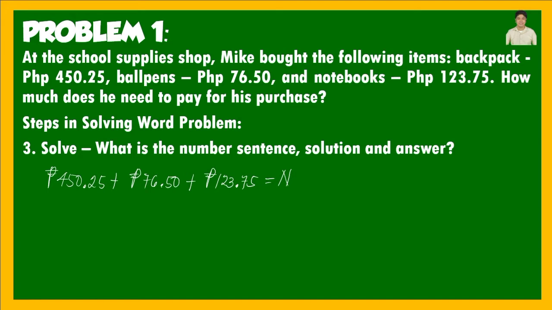Kapag nag-add tayo, kailangan nating sundin yung steps in adding decimals. First, kailangan po natin isulat yung mga decimal numbers in column. Yung mga decimal points, kailangan po natin silang i-align o pag tapatin. Ganito lang po.